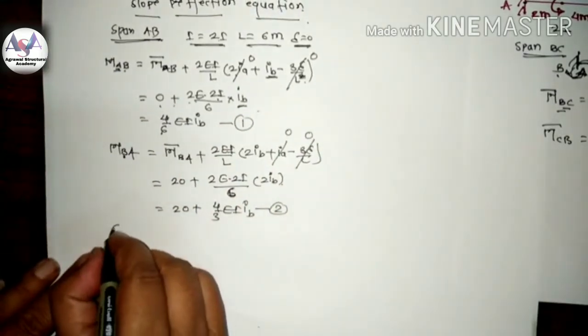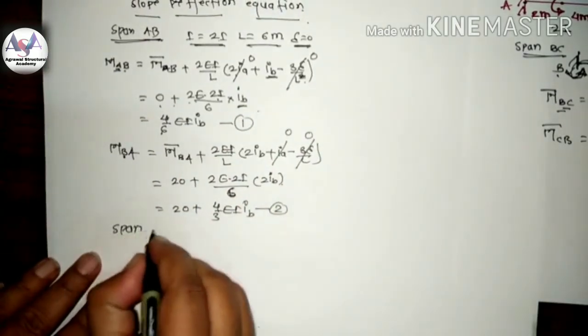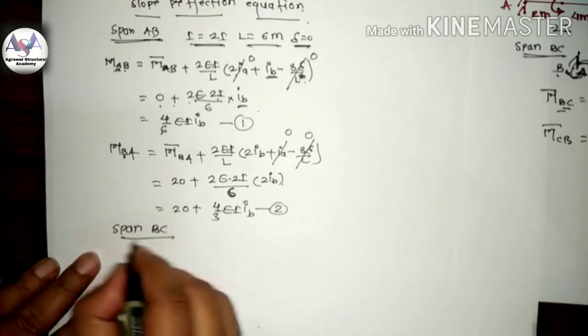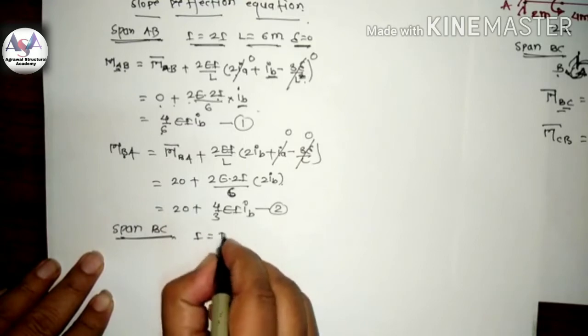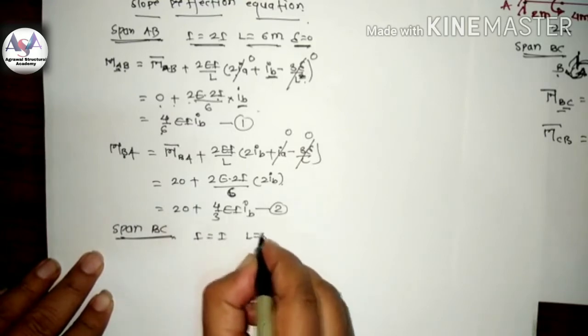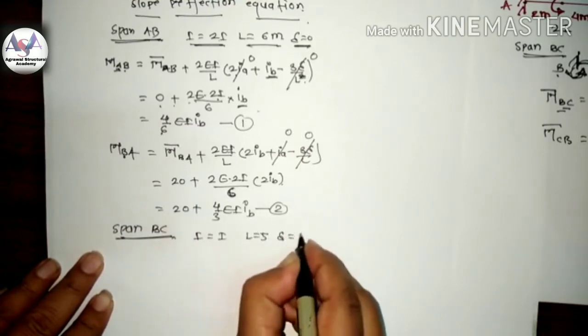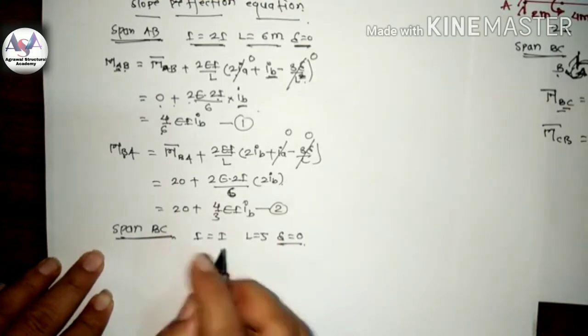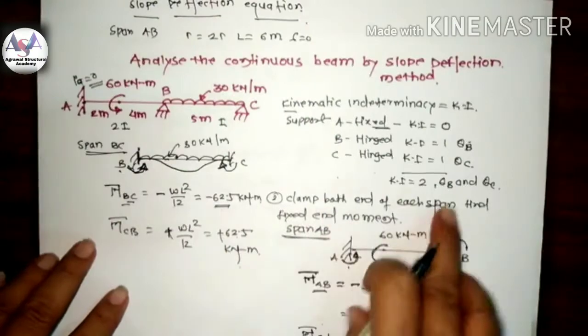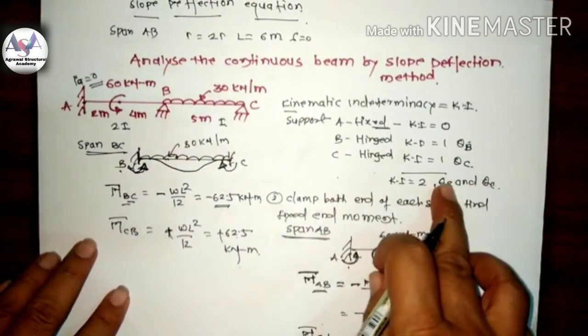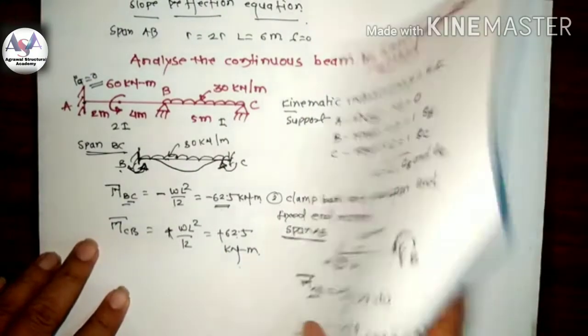Then the span BC. Here I is equal to I, then L is equal to 5. Again here delta equal to 0. Then for the BC span, B and C both are unknown. Both are unknown.